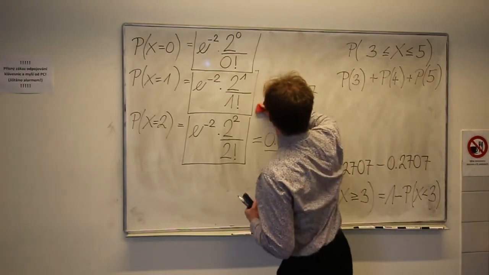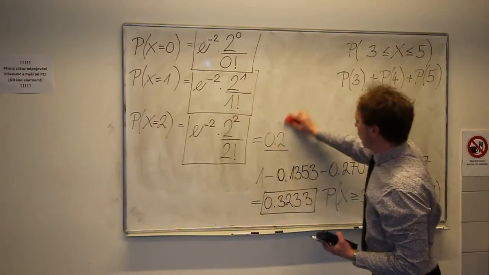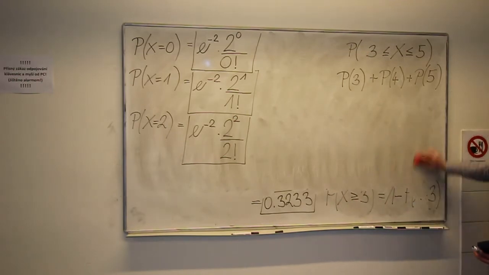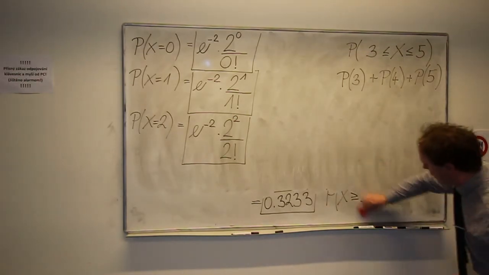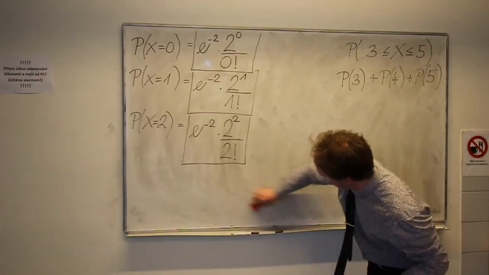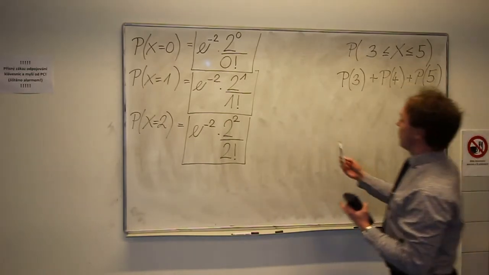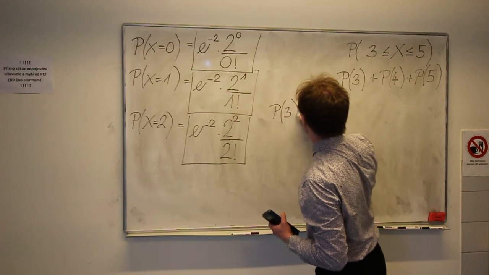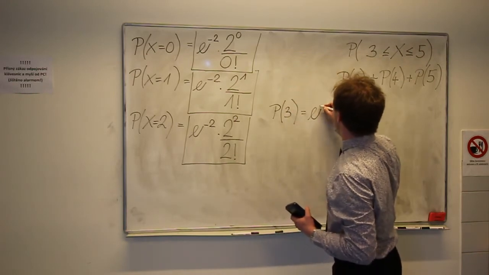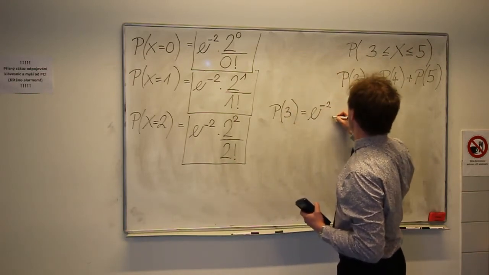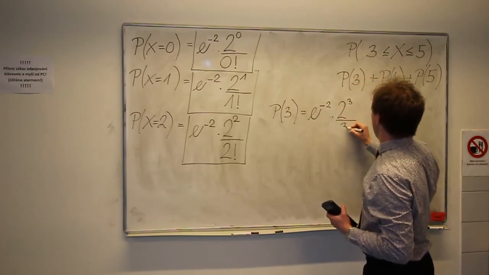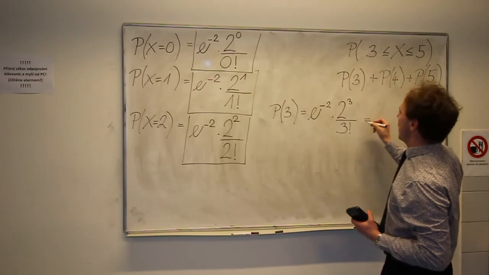So I will delete this. I don't have calculated any of this value, so we can solve it here. Yes, so I will delete this and we will calculate probability that random variable x will be equal to 3, like Euler powered by minus lambda times lambda powered by 3 divided by 3 factorial.